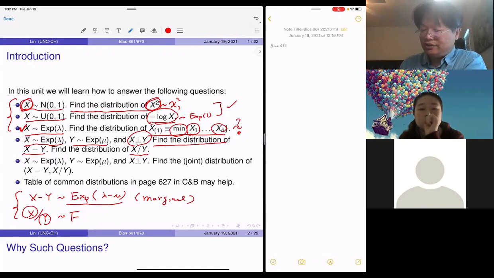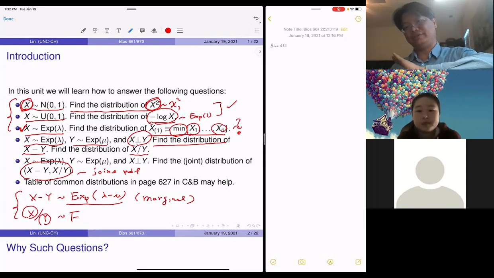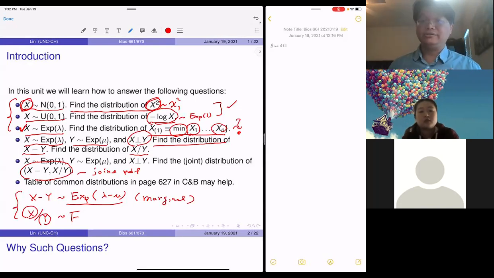If that's the case, you could talk about something called what? Joint PDF, right? So that means I'm not only talking about the marginal of some univariate random variables. Because it's a two-variable system, after transformation, I can also talk about something jointly, or the joint PDF.